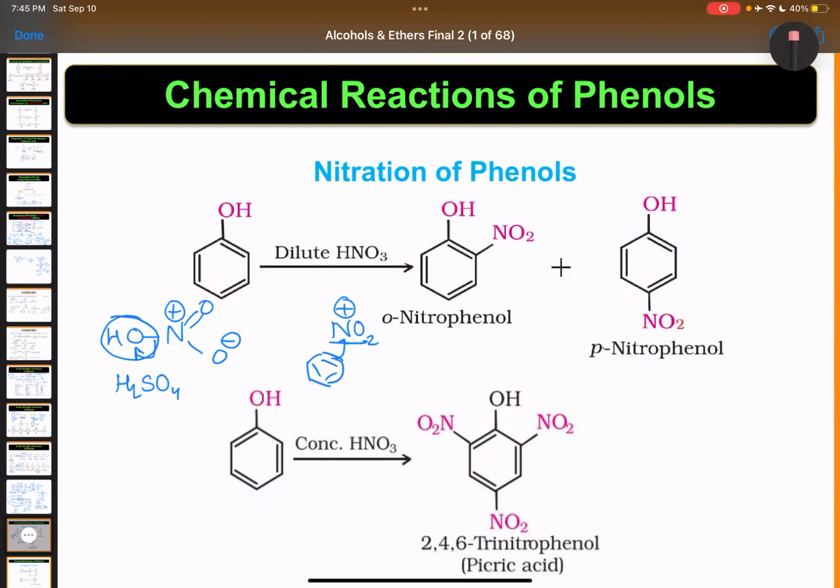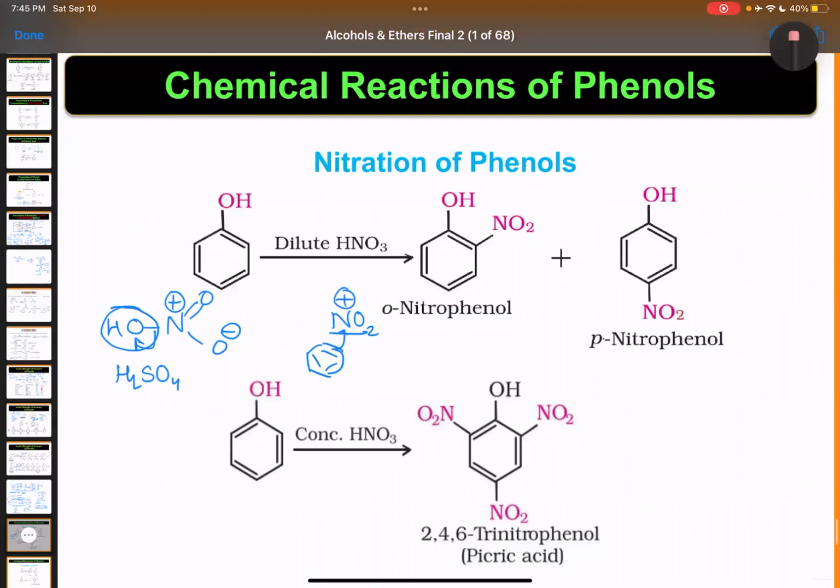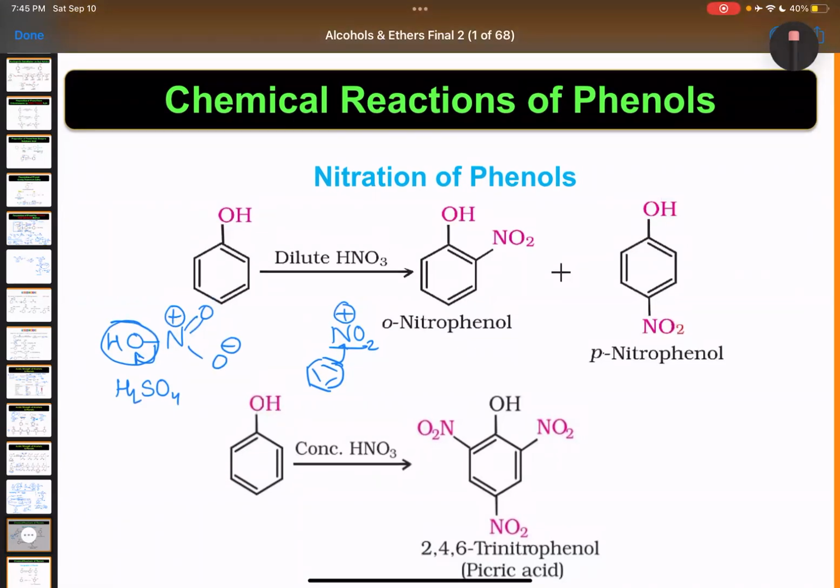So you need some H2SO4 which facilitates the removal of the OH group from the HNO3 and which actually helps the formation of NO2 plus, and that NO2 plus is very reactive and goes and gets connected to the benzene. So that is the reason why we need H2SO4. So H2SO4 facilitates the removal of water, OH, from HNO3 and thus helps in formation of NO2 plus.